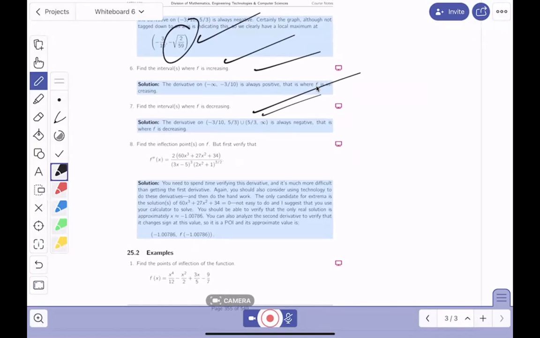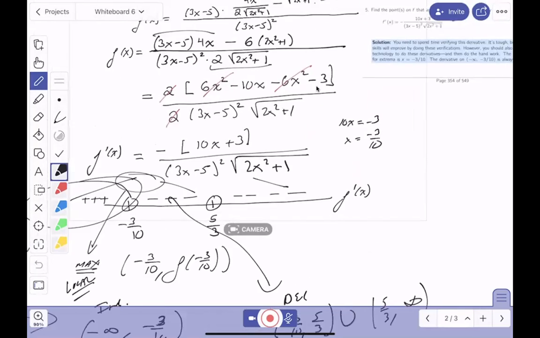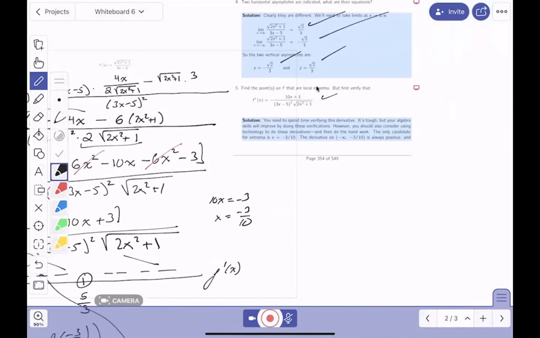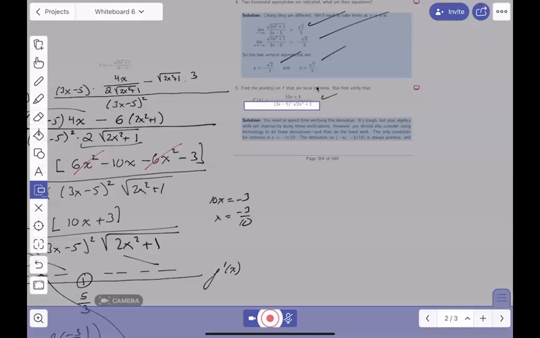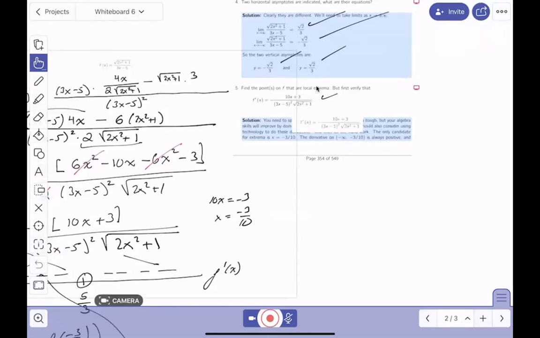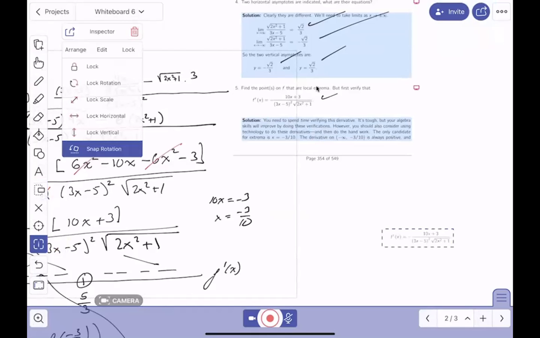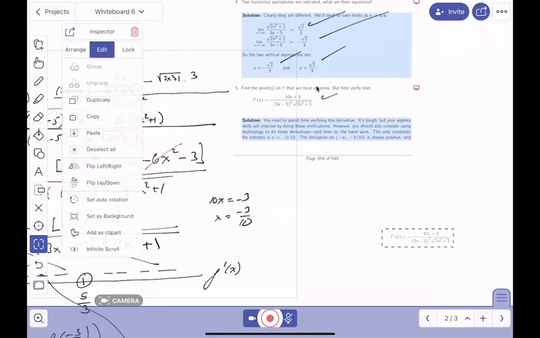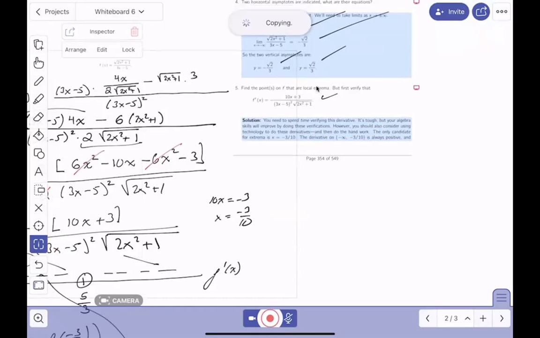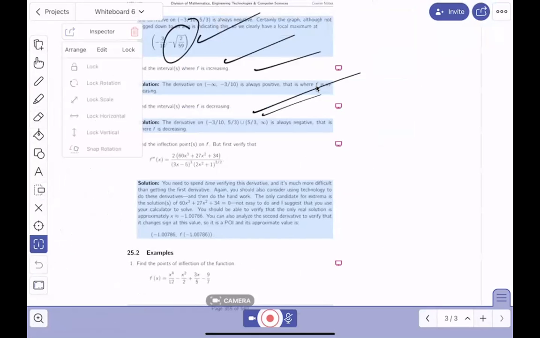All right, second derivative. This is going to be trouble. We'll talk about it though. All right, so what I'm going to do over here, I want to take this thing I just found, which to me is sort of a nightmare, and I'm going to paste it in.